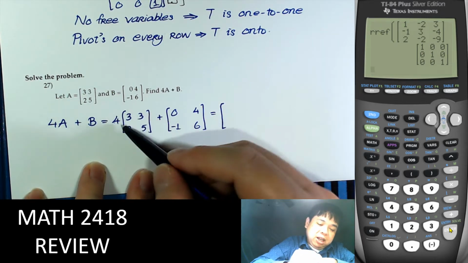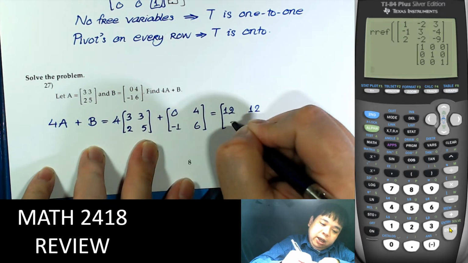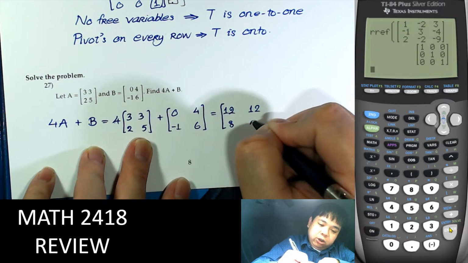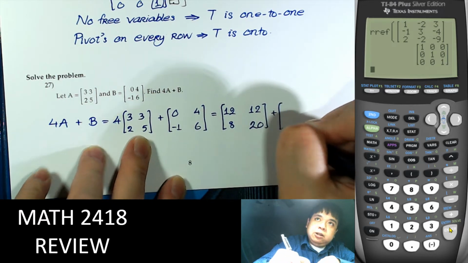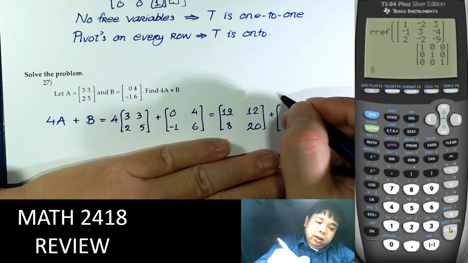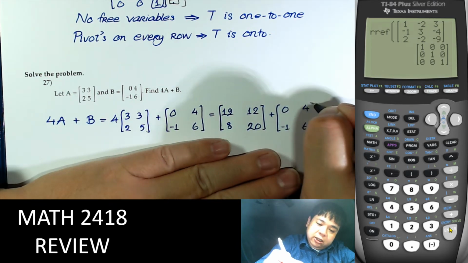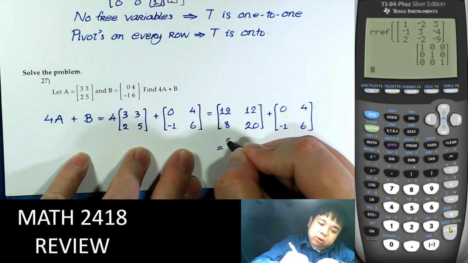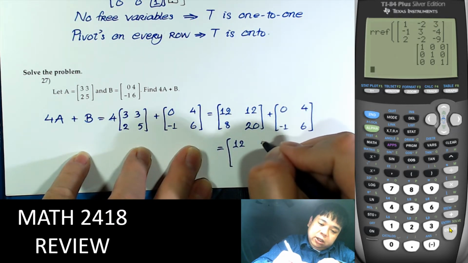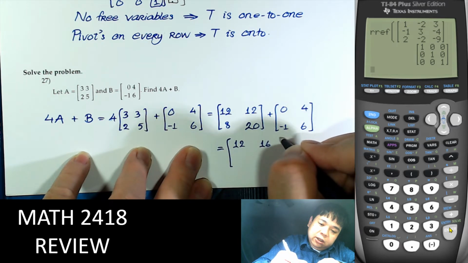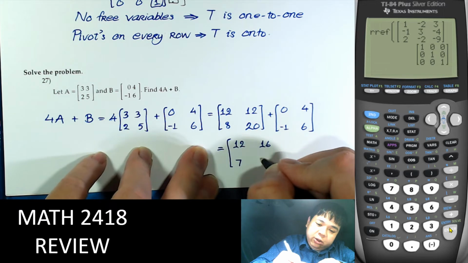So 4 times everything inside: 12, 12, 8, and 4, 20. Then B is 0, 4, -1, and 6. Then when we add them together, it will be 12, 16, 7, and 26.